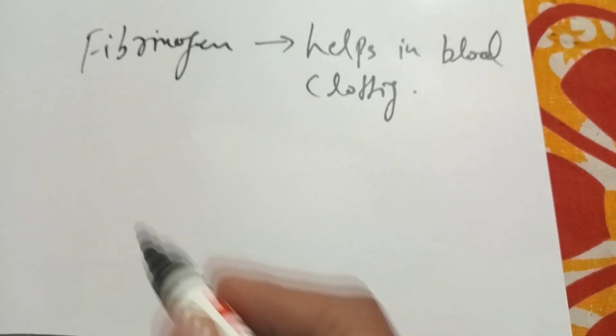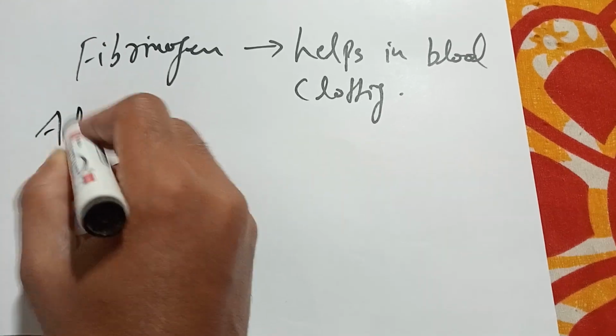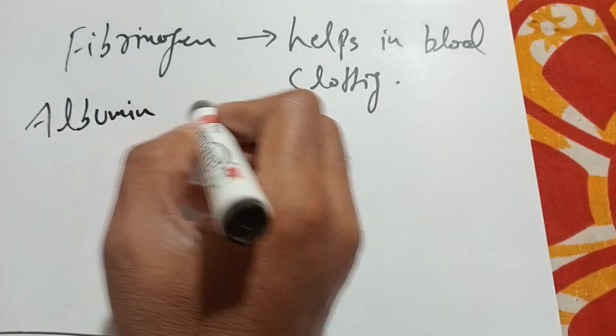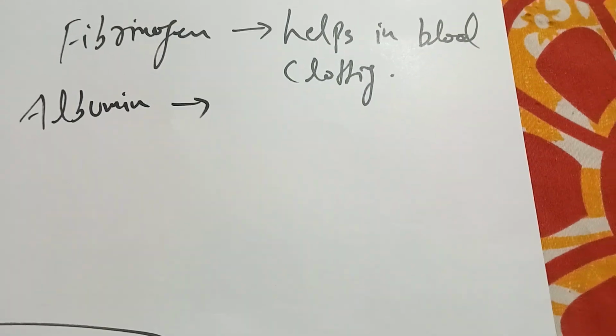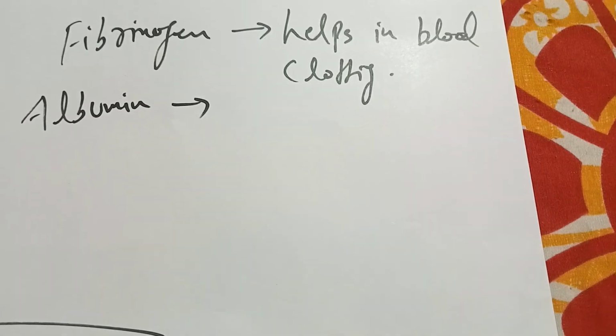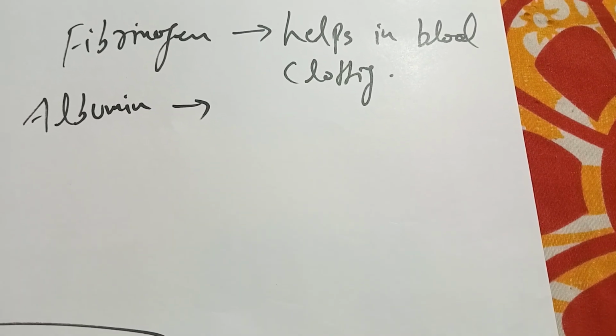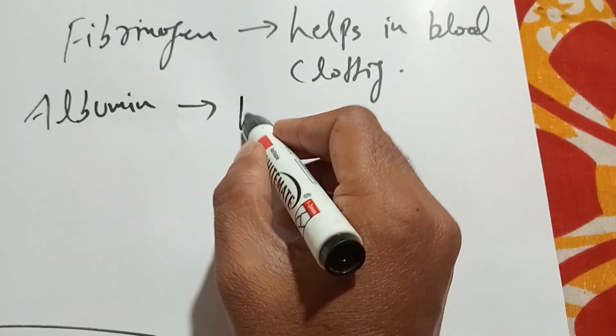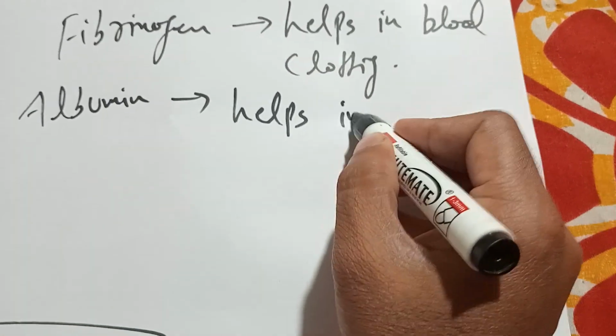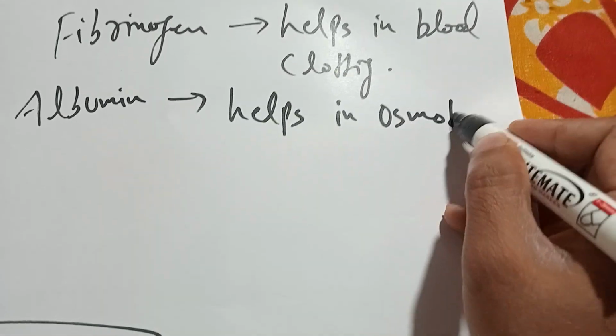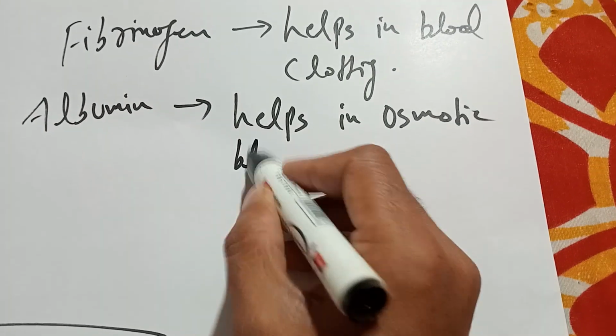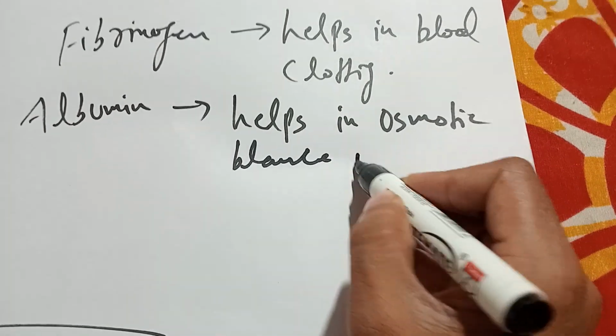The next protein is albumin. Albumin helps in osmotic balance in the body.